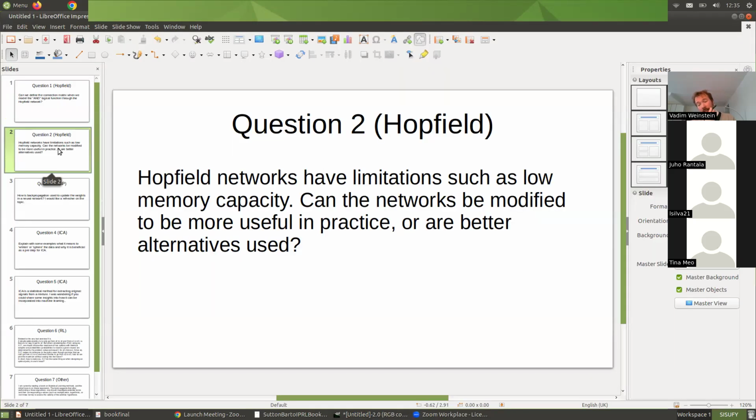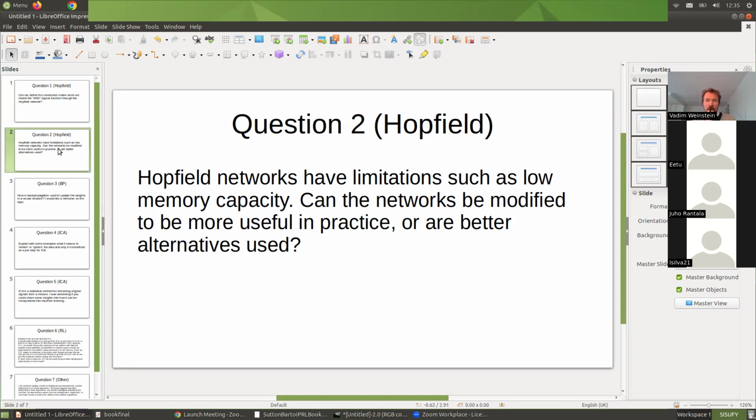But in practice, they store less than the theoretical maximum, because usually the stable states you want are not orthogonal to each other, so they can overlap too much, and so the Hopfield network has a poor capacity in that sense.